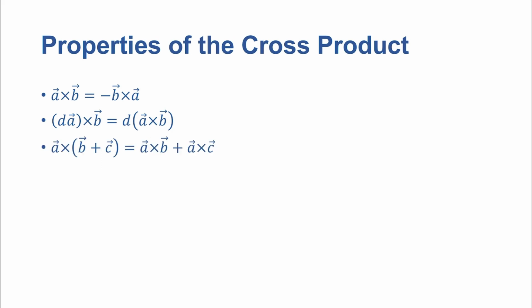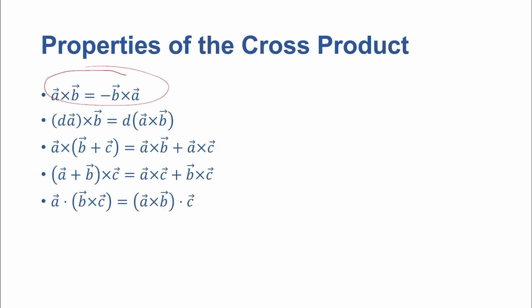Okay, also, if I take A cross B plus C, then I can distribute the A, so I get A cross B plus A cross C. Furthermore, if I do the same thing but from the right hand, I can also use the distributive property, but of course C will go on the right hand side. Obviously it's very important our order because we have this anti-commutation there.